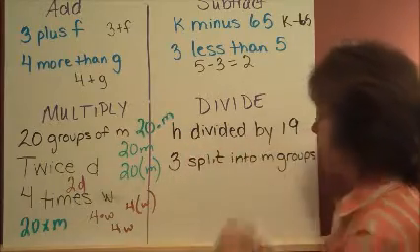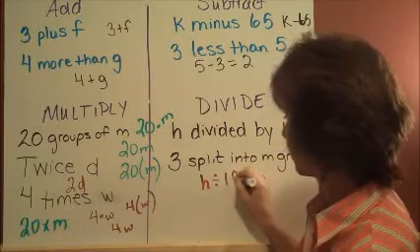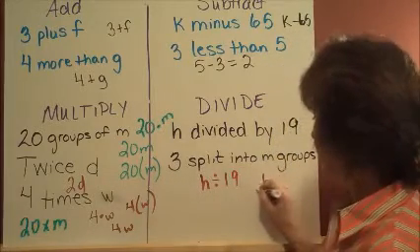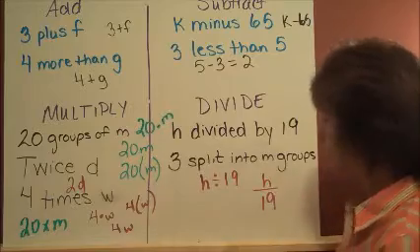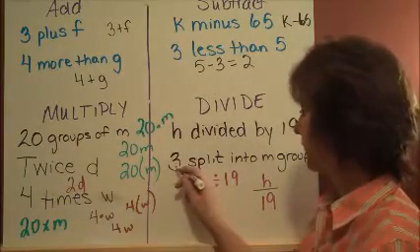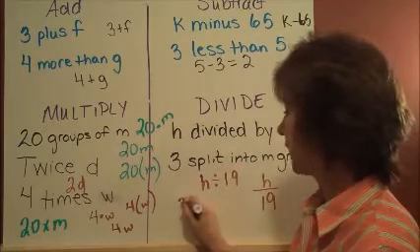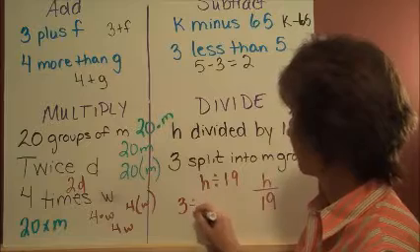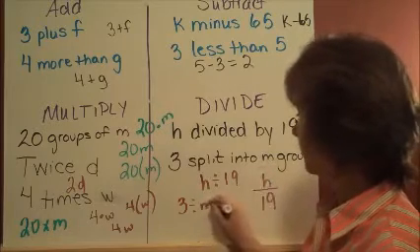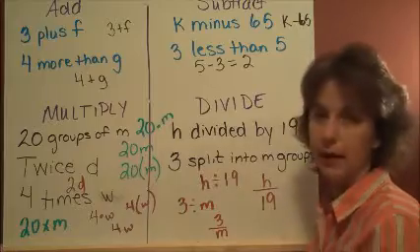H divided by 19, sometimes written like this, sometimes written like this. H divided by 19. 3 split into equal groups. That means that 3 is divided by m, or 3 divided by m.